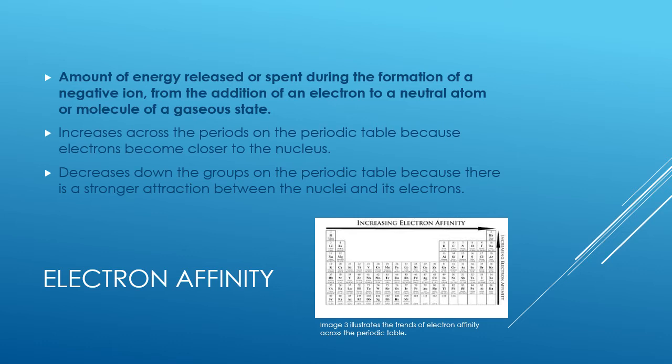Further explanation of these trends of electron affinity include how metals are more negative than non-metals, and that group 8 elements may or may not be negative due to no trends being able to be determined.